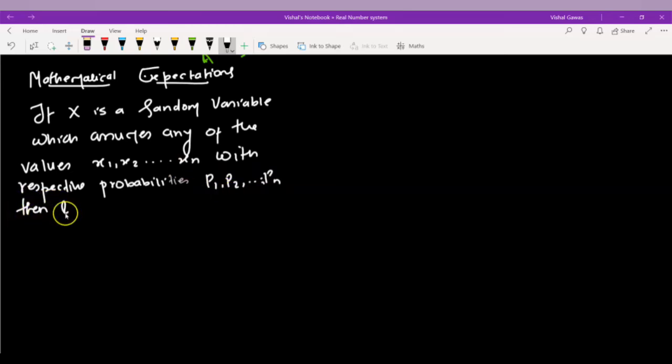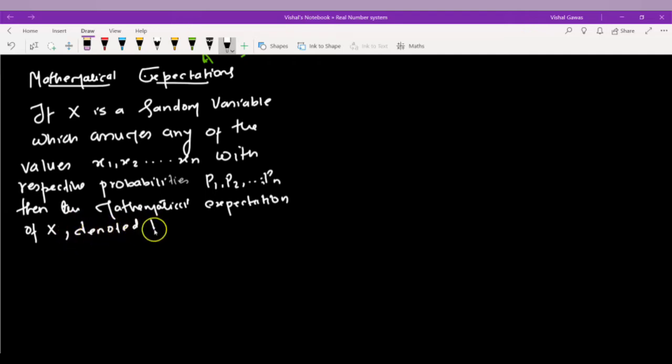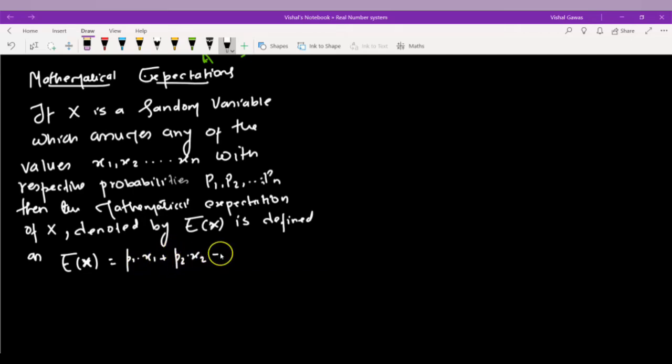Then the mathematical expectation of x, denoted by capital E of X, is defined as E(X) equals p1 into x1 plus p2 into x2 plus so on up till pn into xn, which, if I write it in the closed form, is the summation of pi xi, i going from 1 to n.